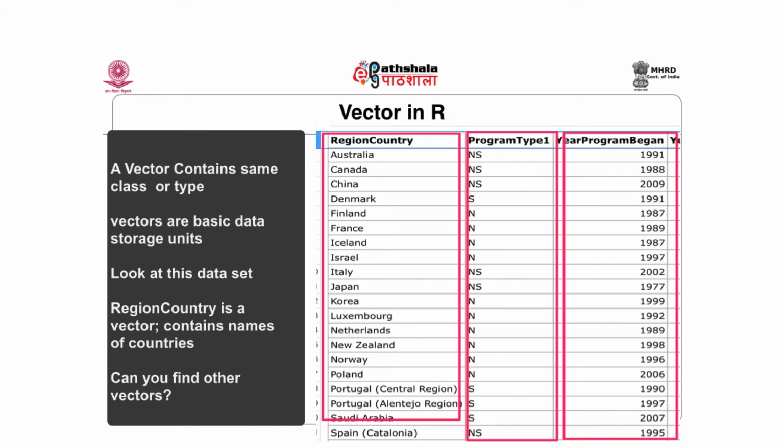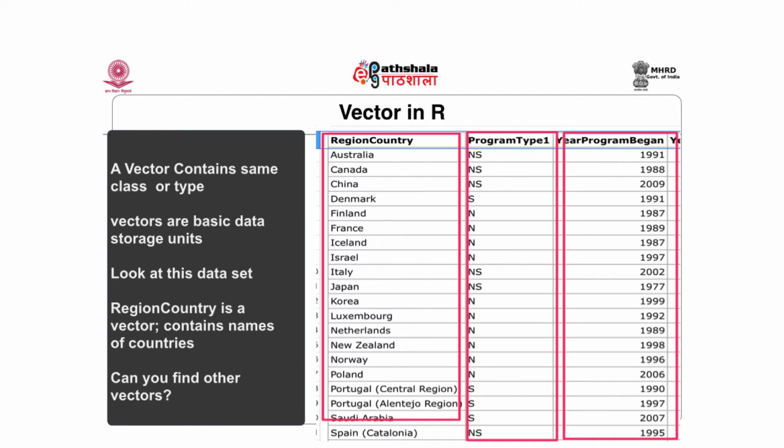Let's continue to learn about vectors. Vectors contain the same type of information. So vectors are very basic data storage units. Almost everything in R starts with a vector. Therefore, to reinforce this piece of the lesson, each column in this particular data frame is a vector, as each column contains a variable, and the variable contains only one type of information.